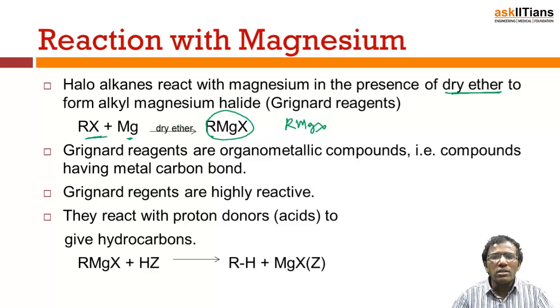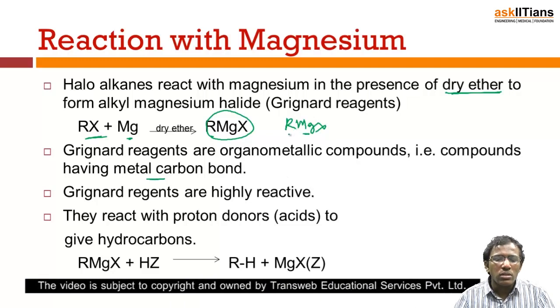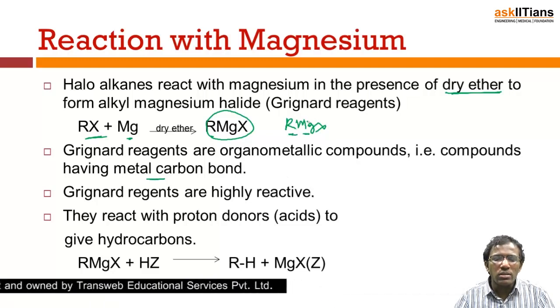The Grignard reagents are organometallic compounds. It has a metal and it has the organic part, that is carbon and halogen. So it is an organometallic compound, a compound having a metal-carbon bond. Here this is the metal magnesium and this is the carbon.